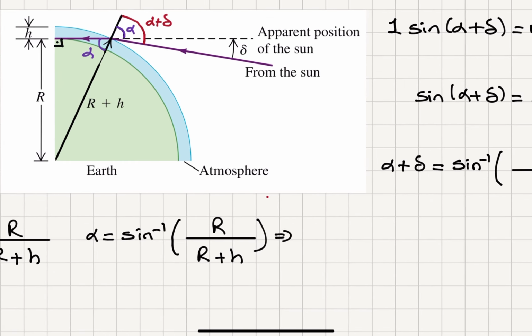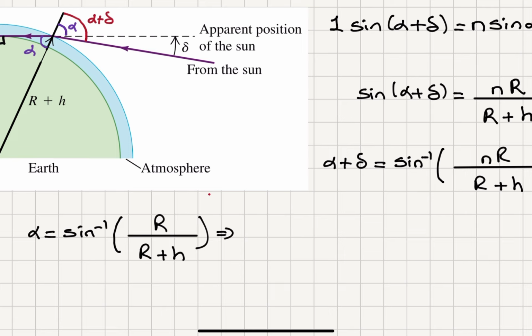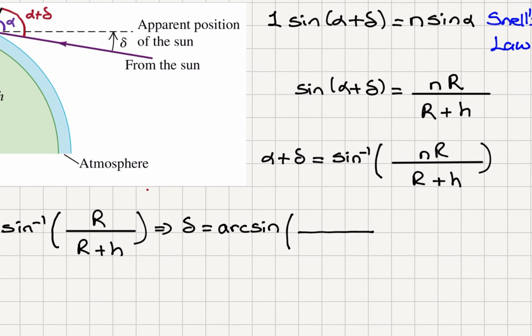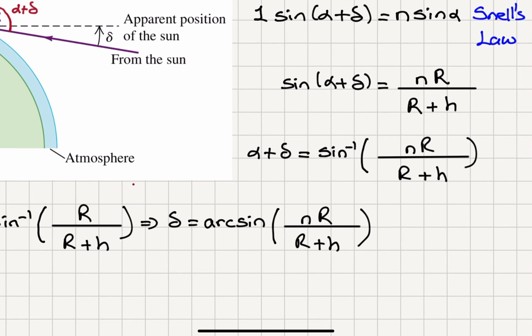Therefore, we reach the conclusion that this angle delta, the deviation angle, is arcsin, or sine inverse, of nr over r plus h, minus the angle alpha, which is arcsin of r over r plus h.